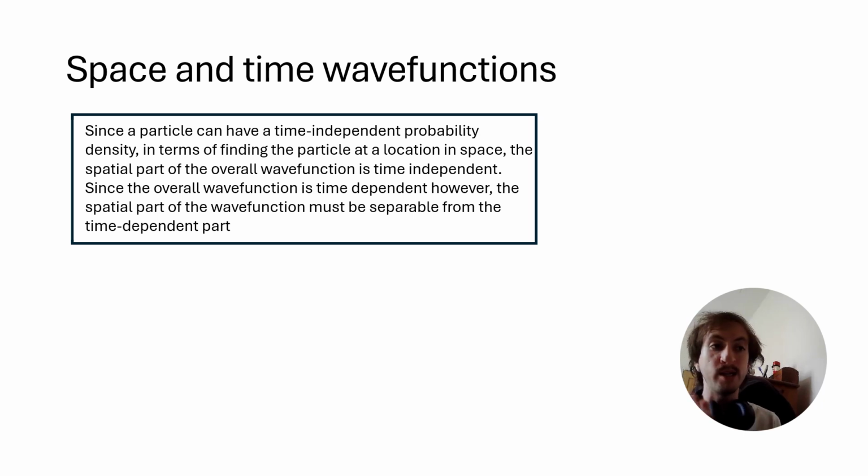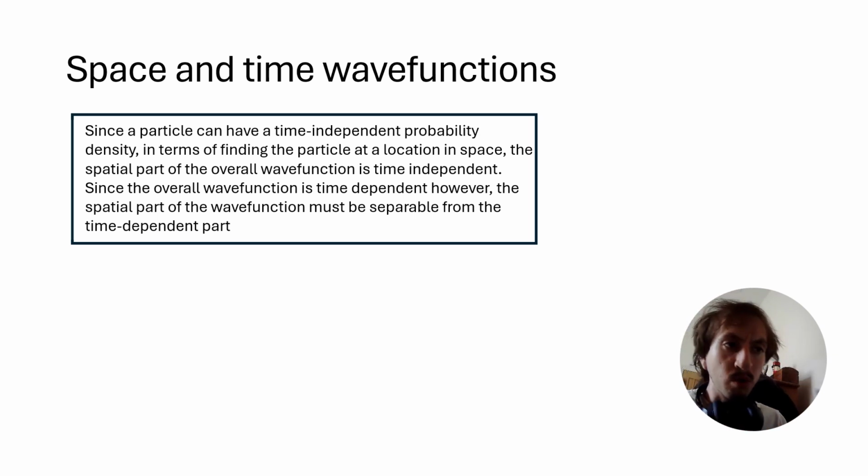And that time-independent part is to do with probabilities in physical space, and therefore that part of the overall wave function should be the spatial part of our overall wave function. So the simplest way to have a time-independent probability density for the position of a particle is to have the wave function describing the position of a particle be time independent.